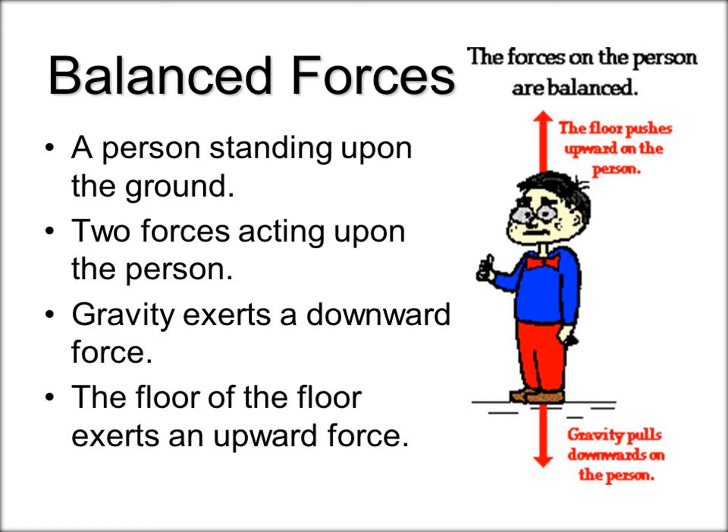That is why the boy is in a standing position. So in the case of balanced force, equal and opposite forces are acting in opposite directions. In case of balanced forces, there will be no movement at all. So this is about the balanced force.